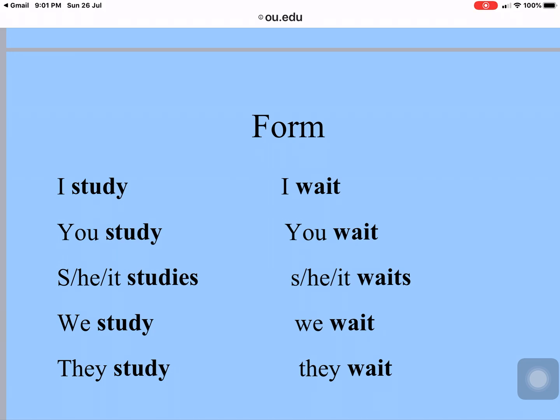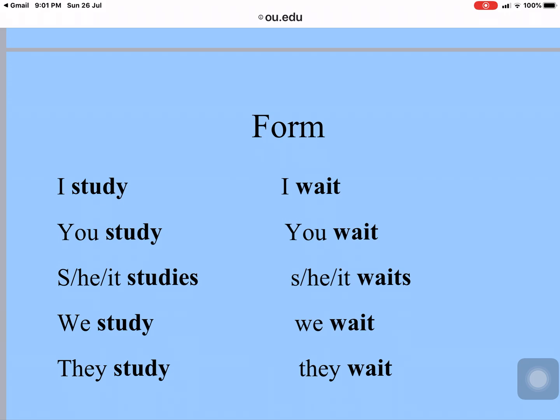And here you find she or he is singular subject. With singular subject you can add s or es. Don't be confused with plural and singular nouns.